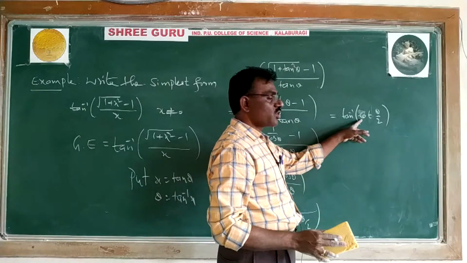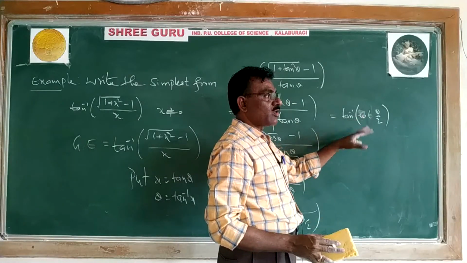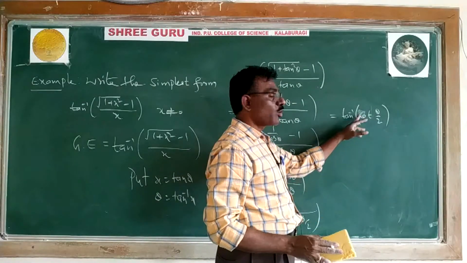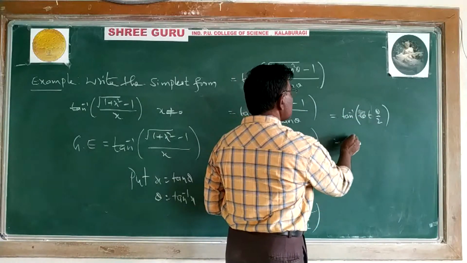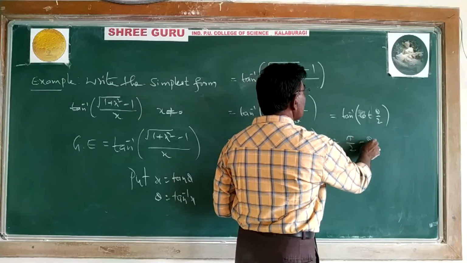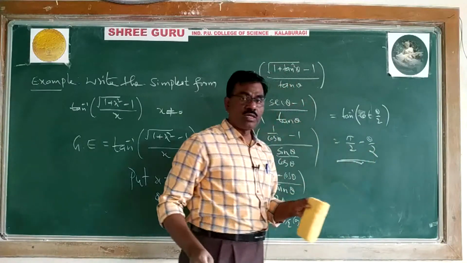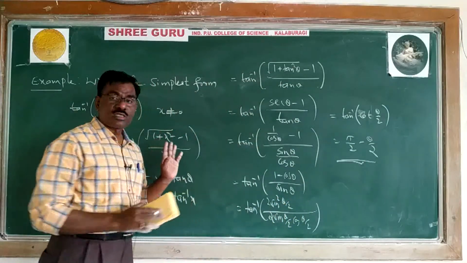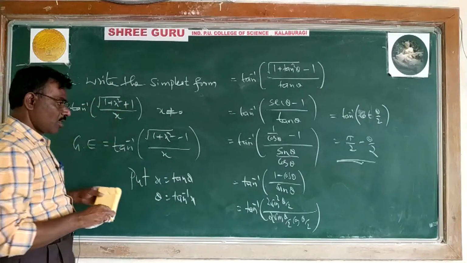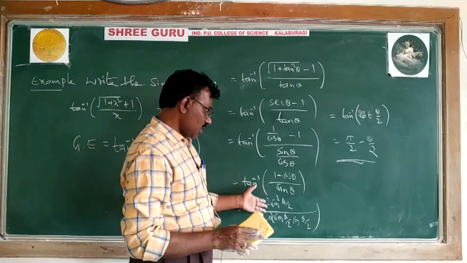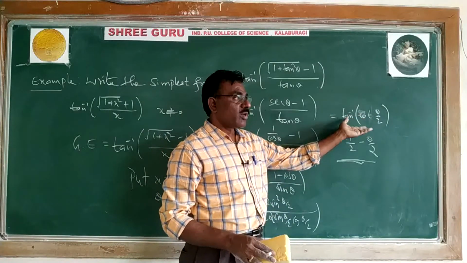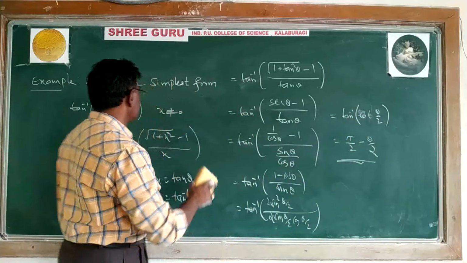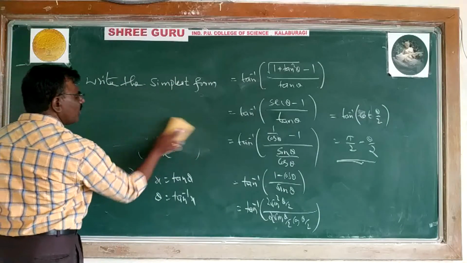This is a co-ratio, so the formula for tan inverse of cot applies: cot means 90 minus theta by 2. So tan inverse of tan of (pi by 2 minus theta by 2) is pi by 2 minus theta by 2. This is the simplest form.